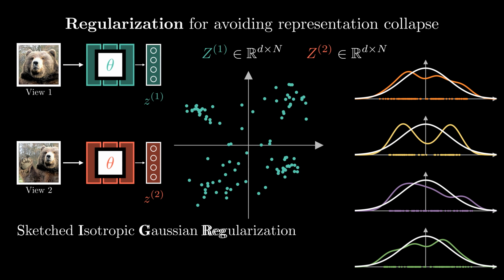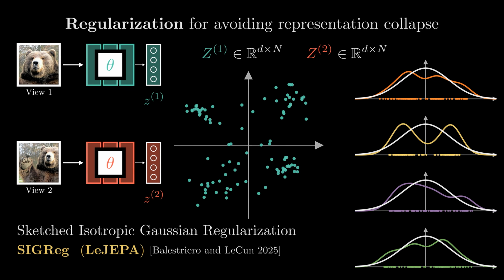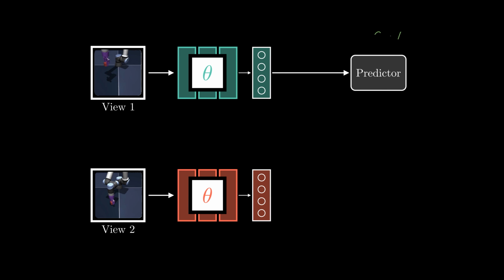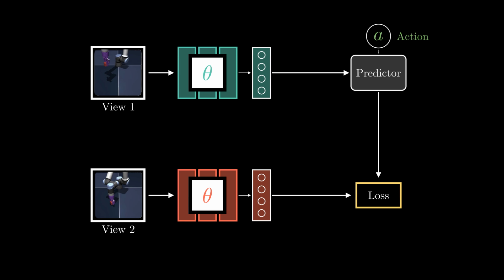Combining JEPA's predictive loss with SIGReg yields LeJEPA, in which one part predicts missing or future embeddings, and the other prevents the embedding space from degenerating. Now we can put the pieces together. JEPA tells the model what to predict: future or missing embeddings, not raw pixels.